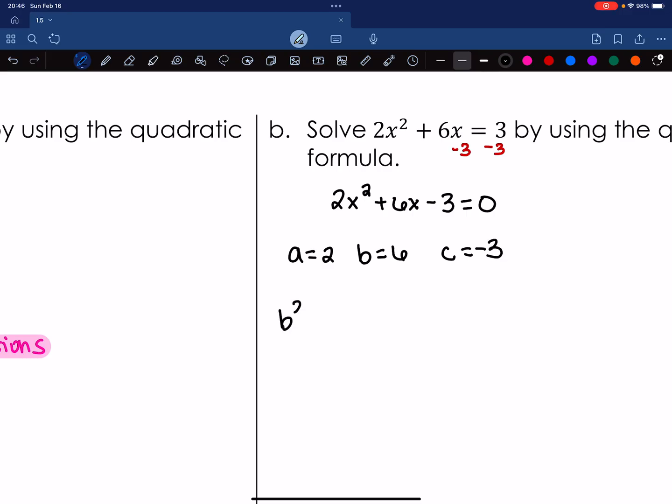So to follow our formula, B squared minus 4AC, that would be 6 squared minus 4 times 2 times negative 3. 6 squared is 36. 2 times 4 is 8 times negative 3 is a negative 24.